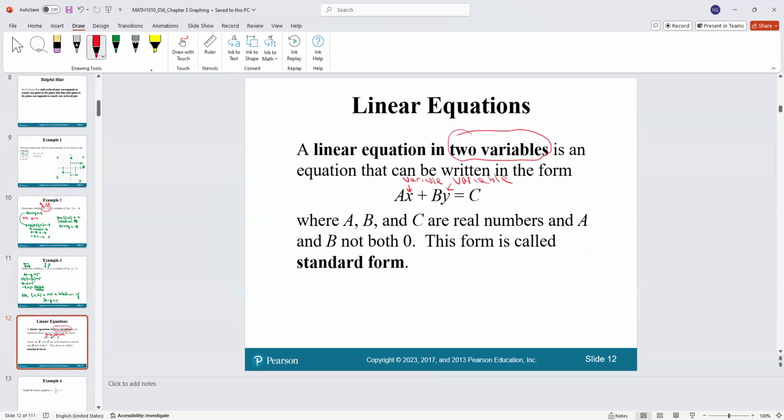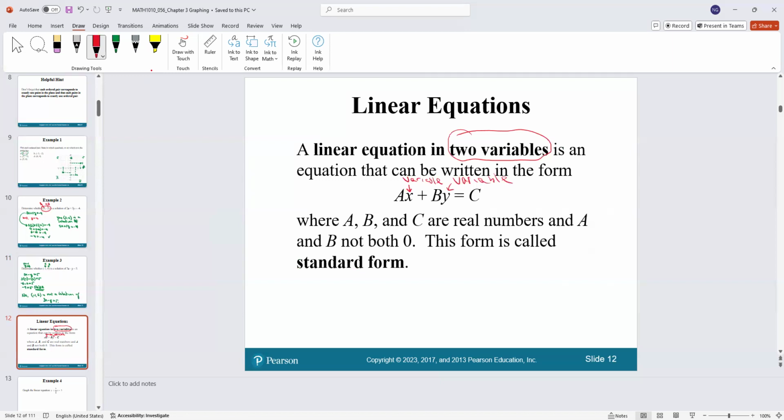They are variables. A, B, C, even though we have a combination of letters, those letters don't mean the same thing. A, B, C here are real numbers. I mean, they are constants, numbers that would be given, but x and y are the variables.